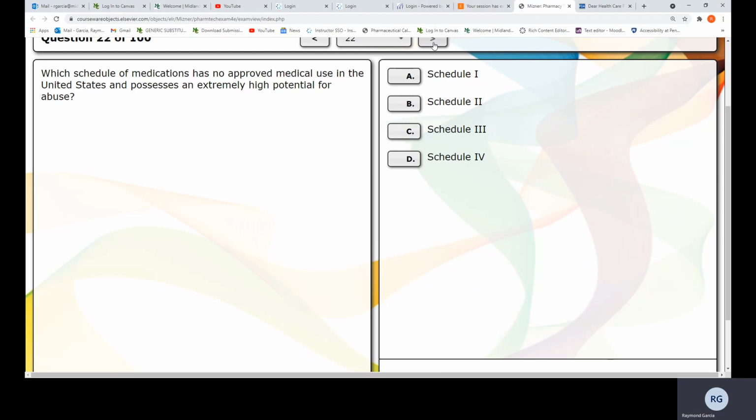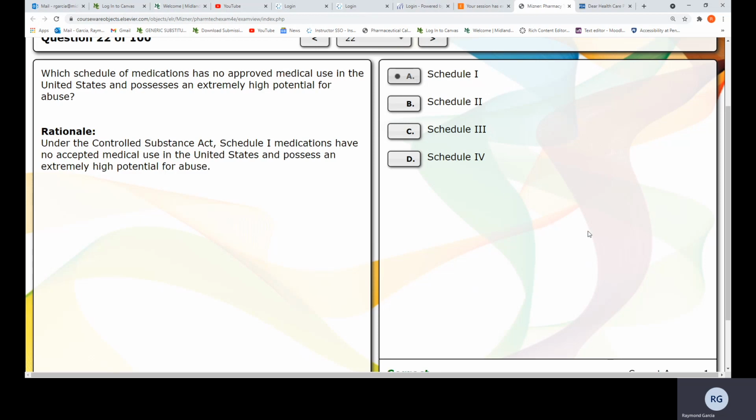Which schedule of medications has no approved medical use in the United States and possesses an extremely high potential for abuse? Schedule 1. Schedule 1 is your worst, I guess, of all the drugs that you can get addicted to real easy.